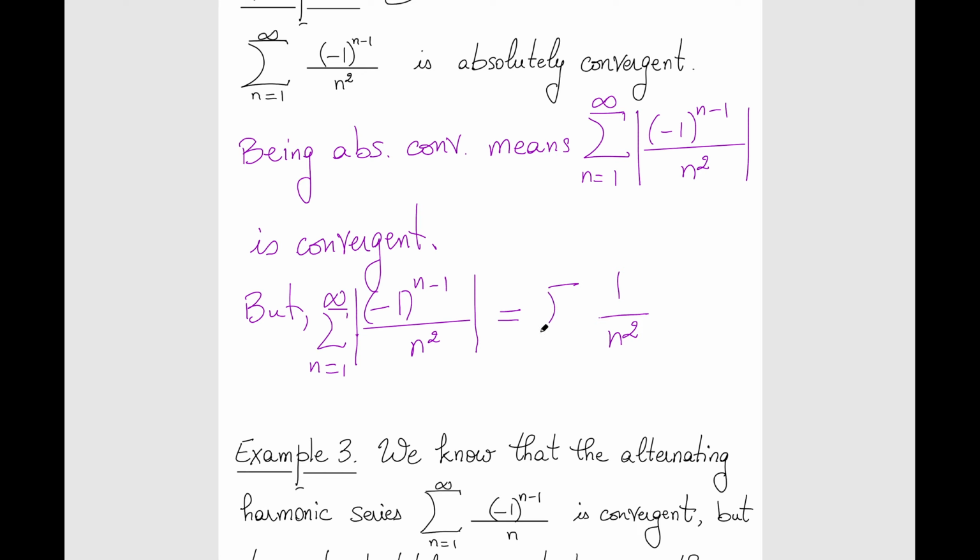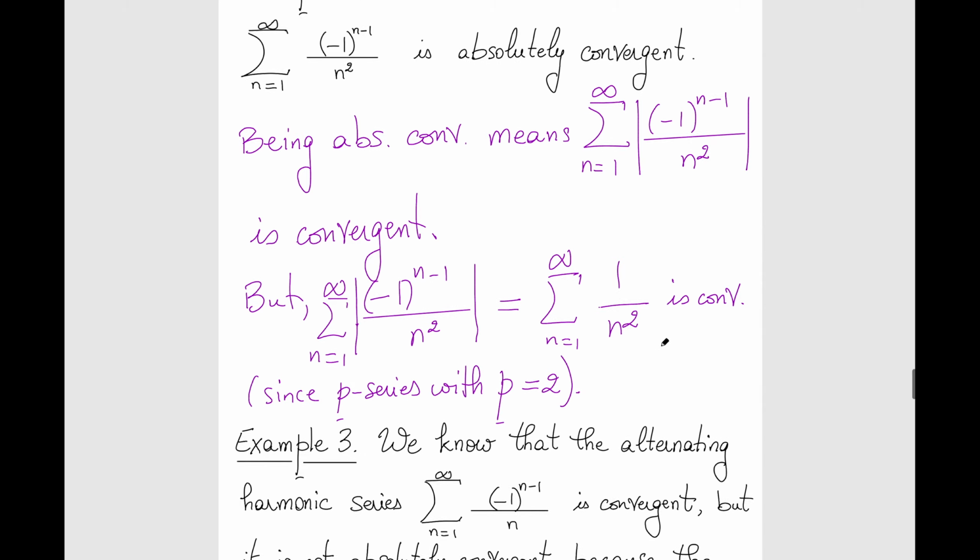It's going to be this series, and this series converges because it's a p-series with p equals 2, right? So it's convergent since it's a p-series with p being 2. All right? And we've discussed this before, right?